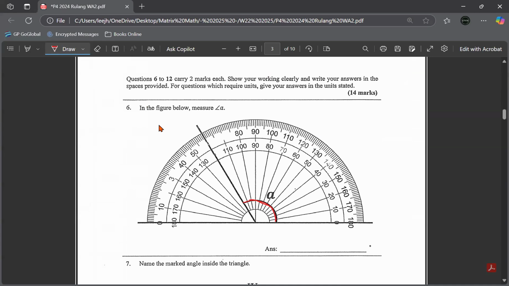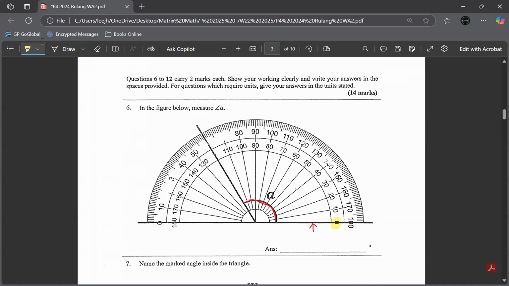So if we look at our baseline, we can see that the angle is reflected this way. So the baseline over here is actually this in the inner scale. So we are going to read the zero from the inner scale all the way up to where the angle stopped. So we are going to read, okay, and maybe I try my highlighter.